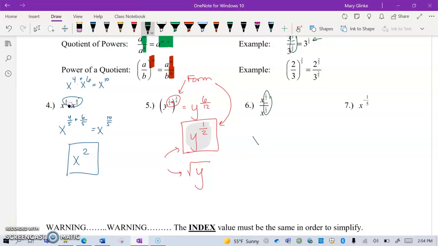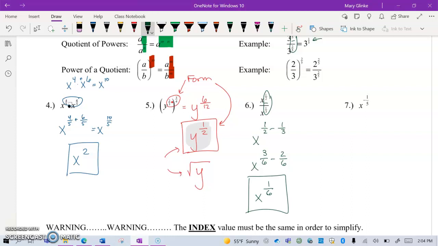Normally we would subtract these. So we're going to do 1/2 minus 1/3. So we actually have to find common denominators now. They both would have a common denominator of 6. We're really doing 3/6 minus 2/6. So we get x to the 1 over 6. And we're going to leave it in exponential form.